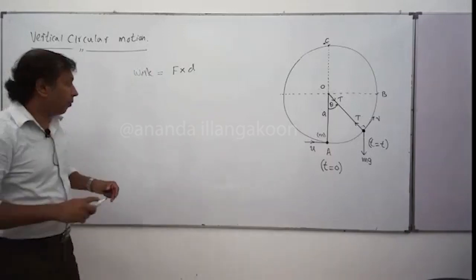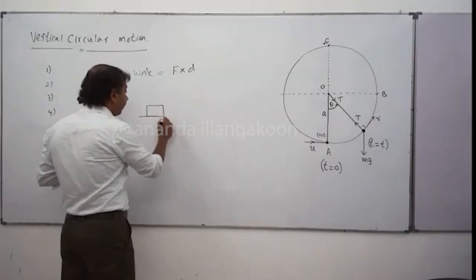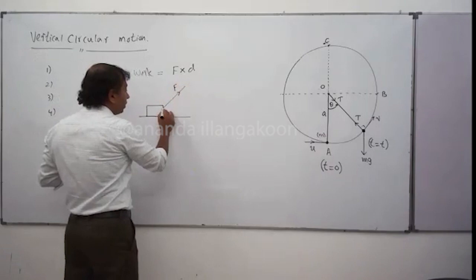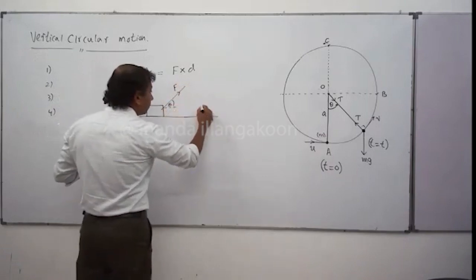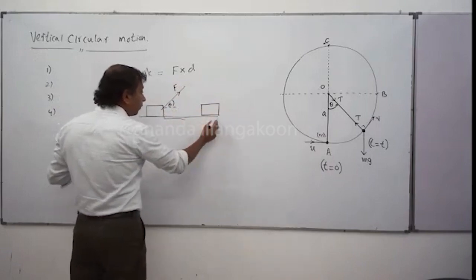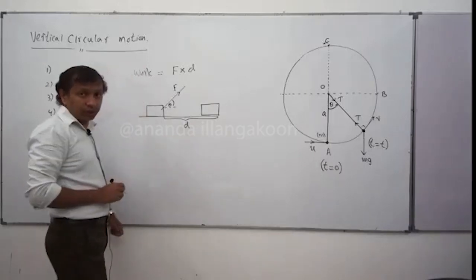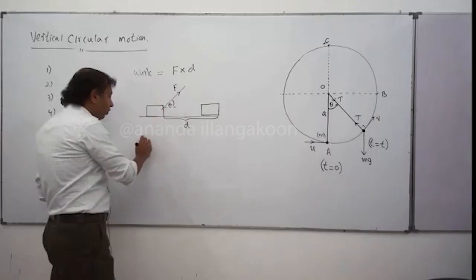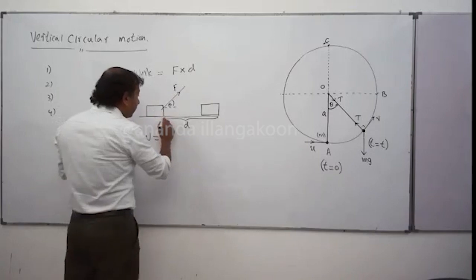Now, for example, suppose like this, we have a body, and we have a force like this. This angle is theta. Now, this body moves a displacement d because of the action of the force F. Then in this case, work done by this force F is given by the displacement occurred in this direction.